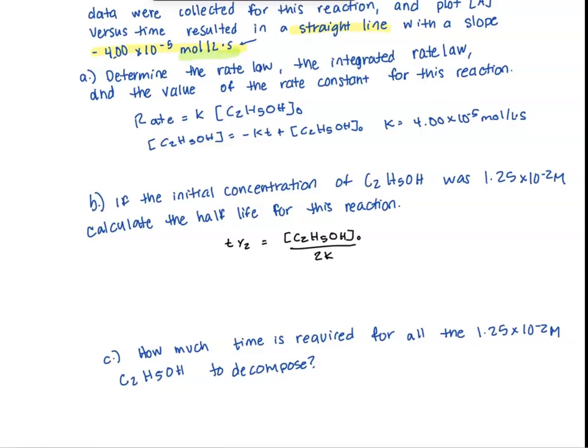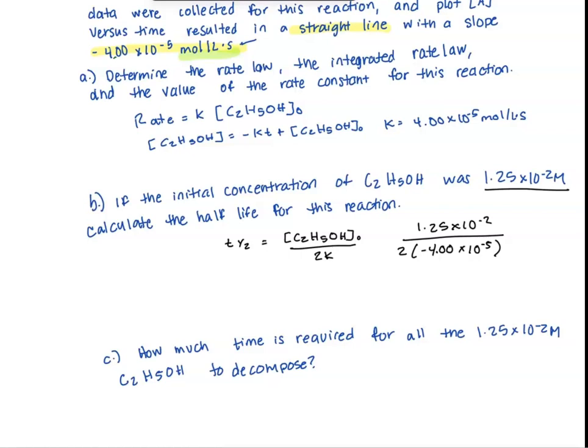So 2 times negative 4.0 times 10 to the negative fifth. And then our initial concentration was given in the problem up here: 1.25 times 10 to the negative 2.